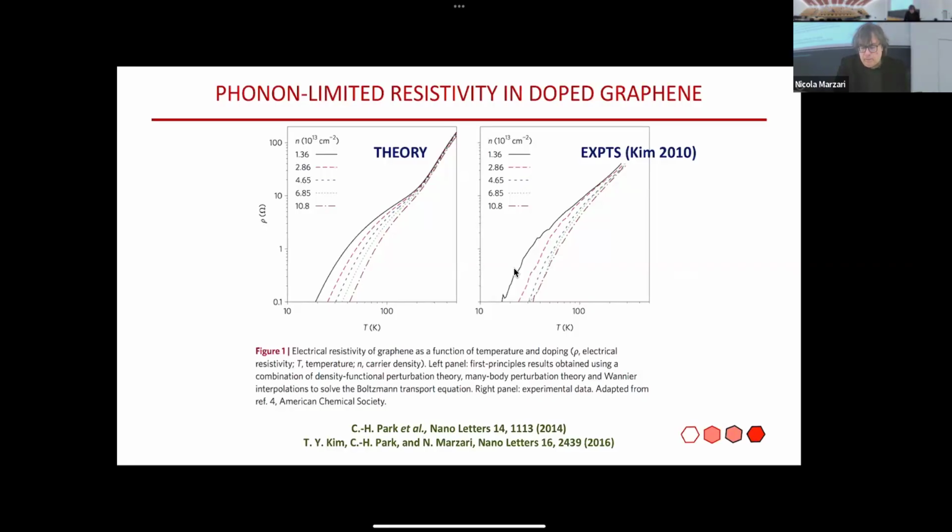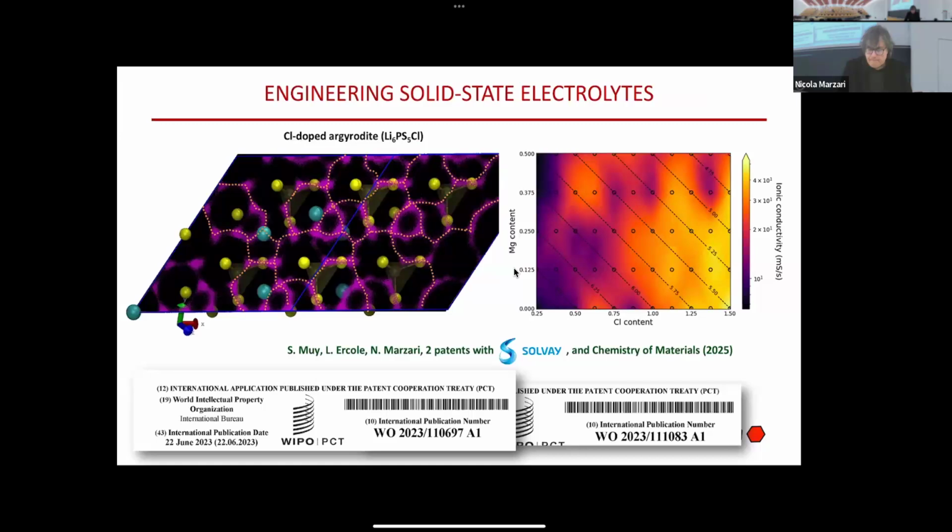And at the end, you not only reproduce the experiments in this case, without any sort of fitting to the experiment, just from first principles, but you can also understand what the different microscopic mechanisms are that make this happen.